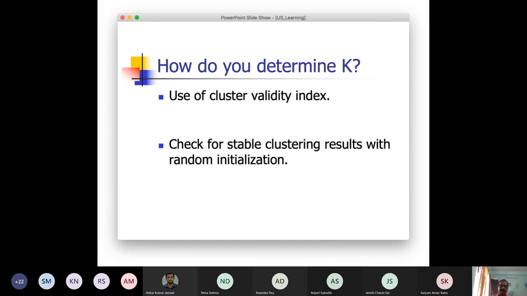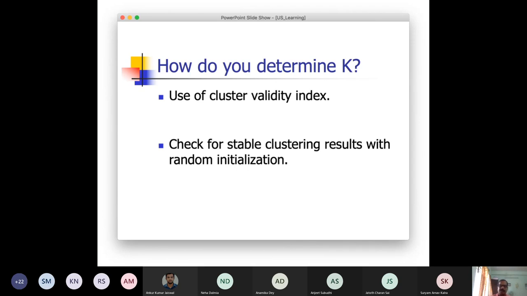Because in the algorithm itself, this number is a hyperparameter, which means we assume the number of clusters, and with that assumption you compute to get a partition of that many partitions.